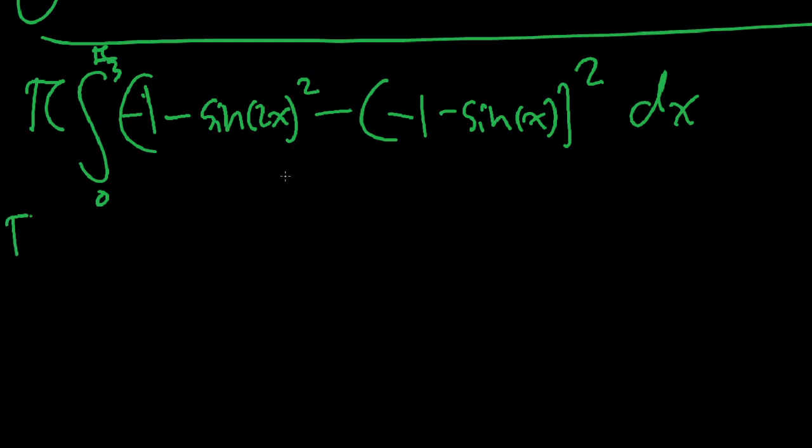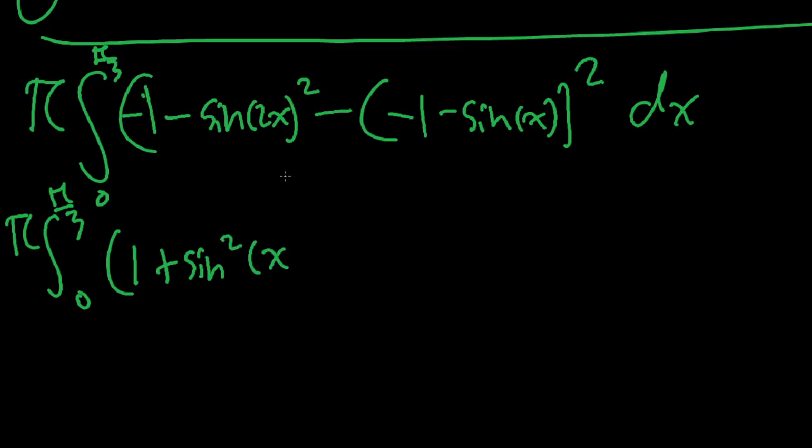And then distributing, it'd be 1 plus sine squared 2x. No, it'd be 1 minus 2 sine of 2x plus sine squared 2x.